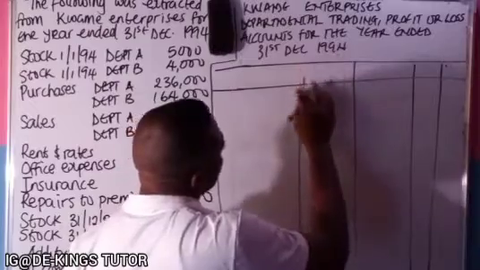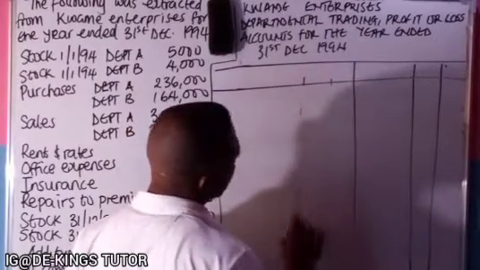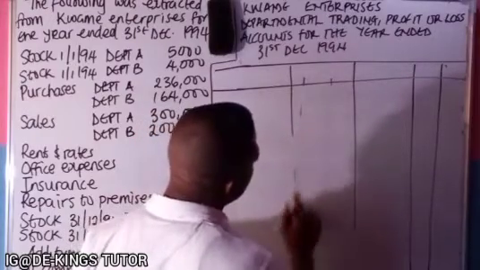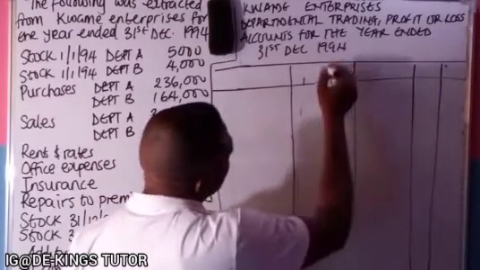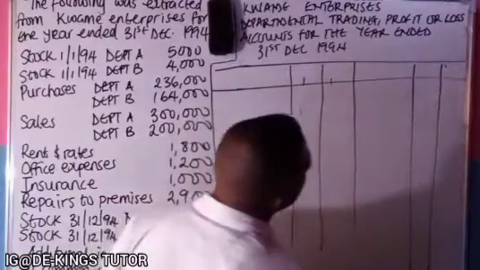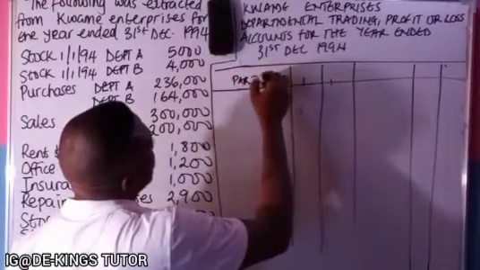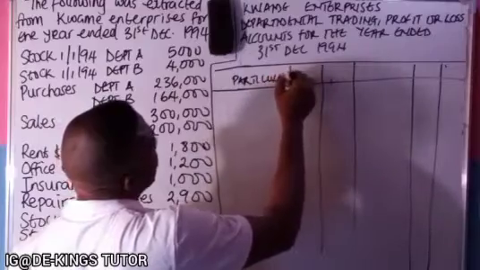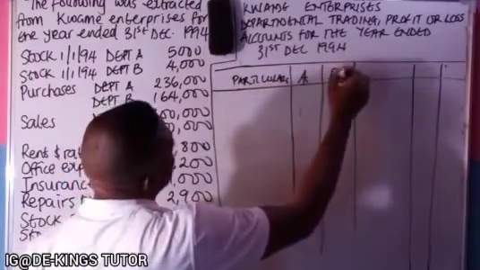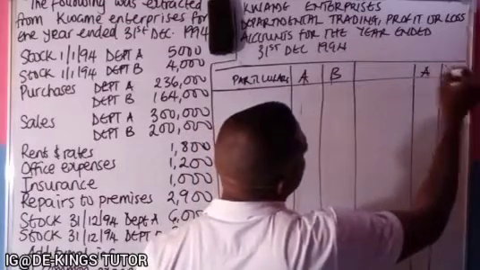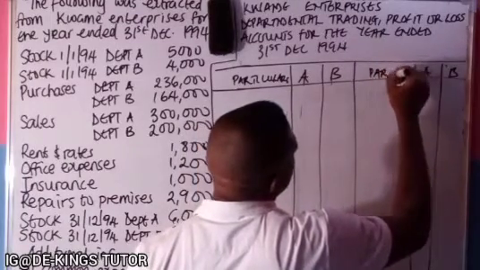Okay, this is the particulars. Department A, Department B, and this is the particulars.